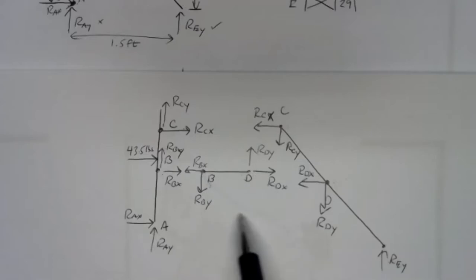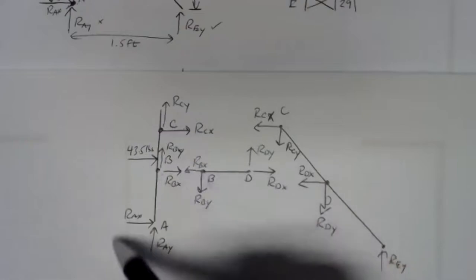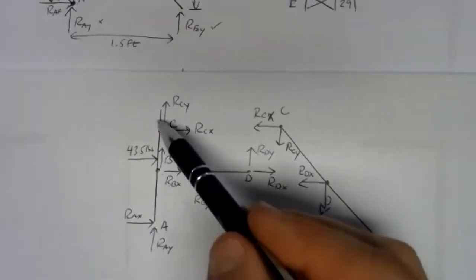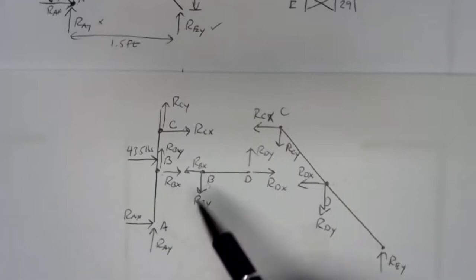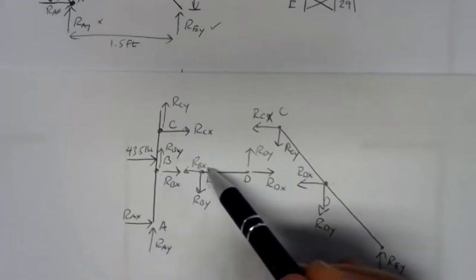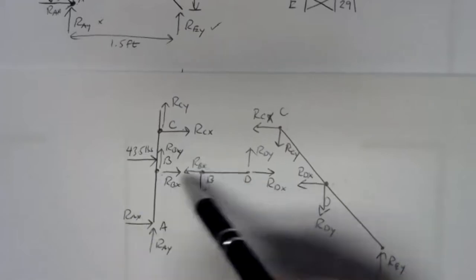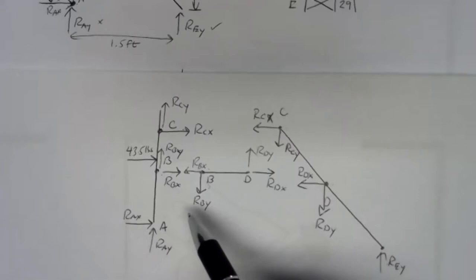If I get an equation out of BD that involves RBX and RDX, then the equations I got out of AC that also involved RBX can be used together. The answer I get for RBX here can just be plugged right in, because I've already taken into account Newton's third law.